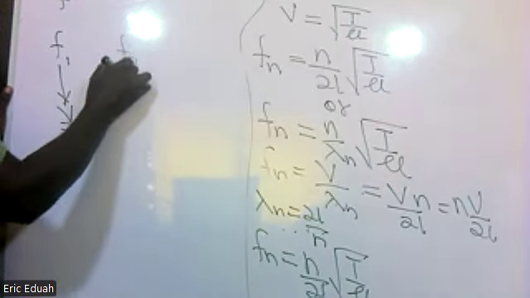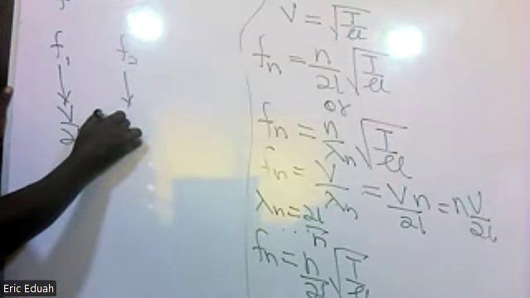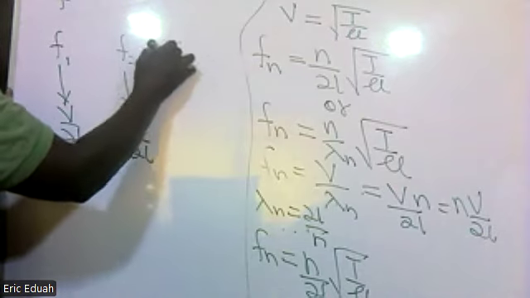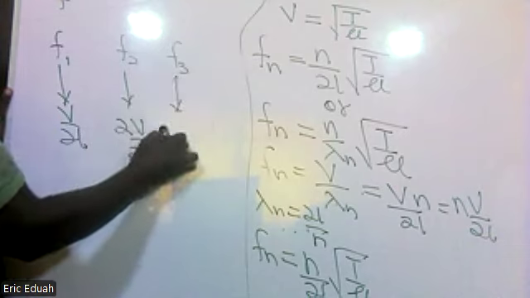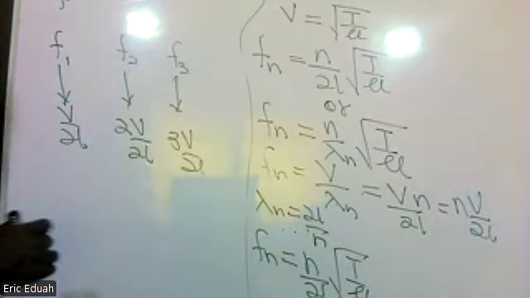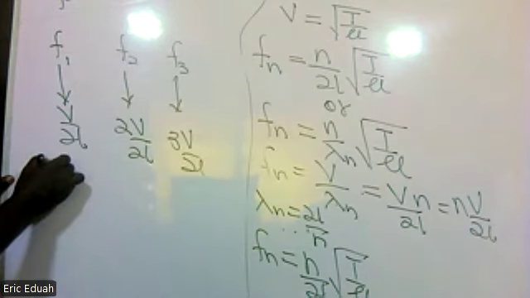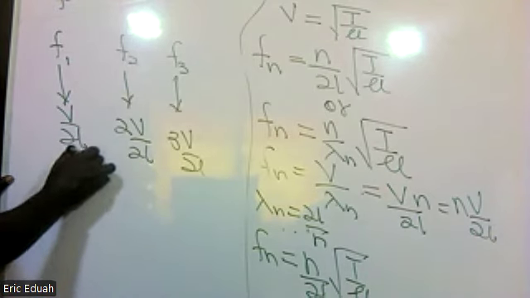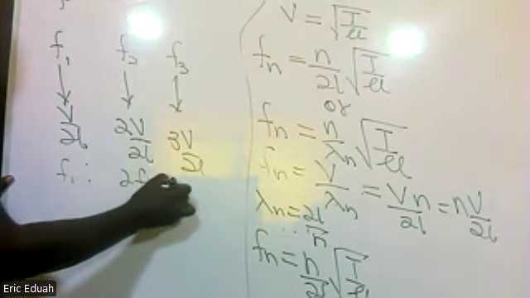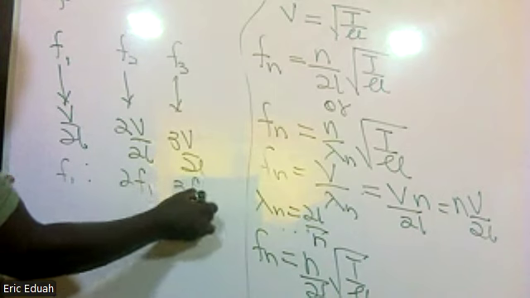F2, this we saw to be equal to 2V on 2L. F3, 3V on 2L. So basically, we saw that this is F1, and the second harmonic is 2 times F1. The third harmonic is 3 times F1.